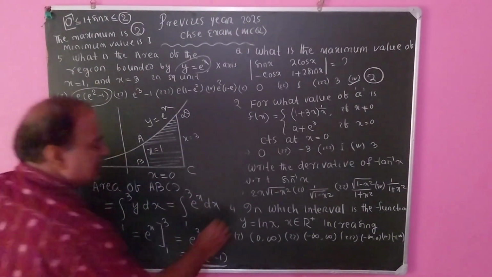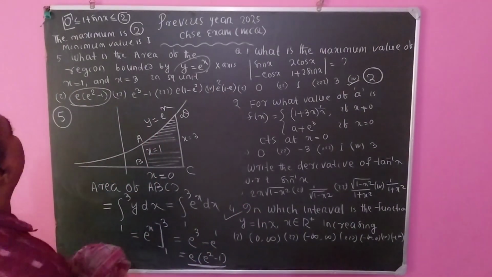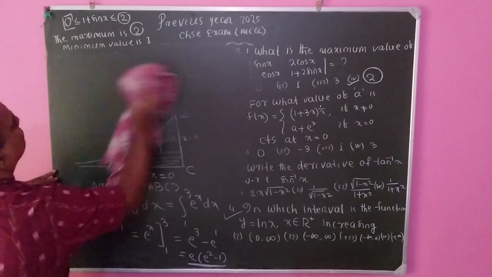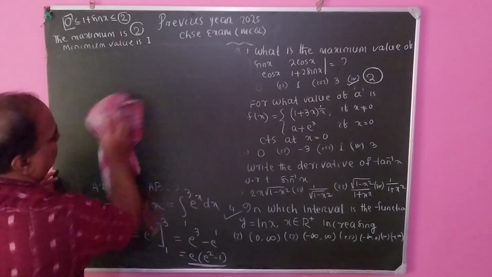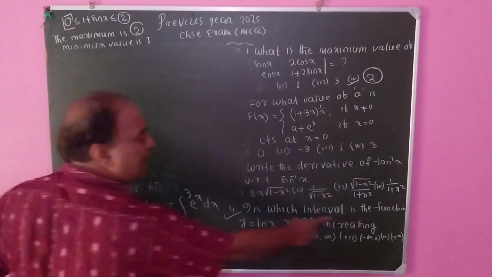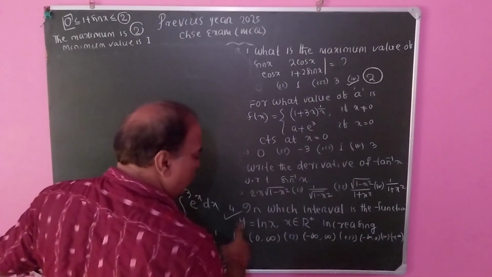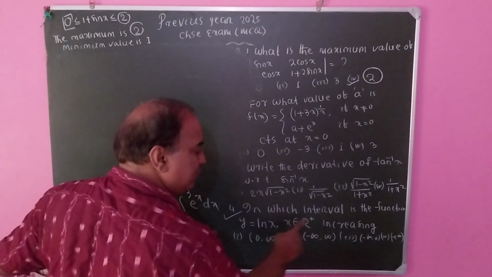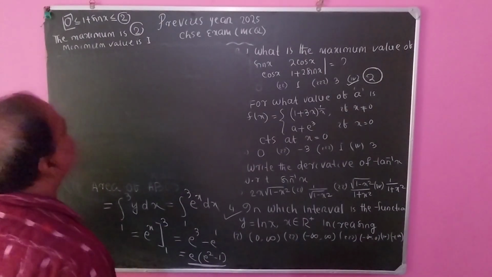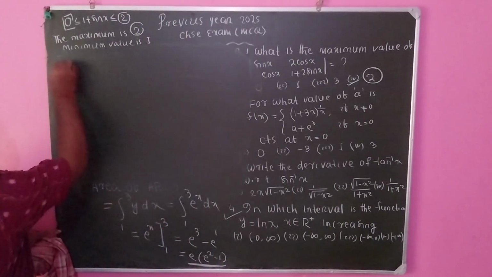Now let us take question number 4. In which interval is the function y is equal to ln x, x belongs to R plus, increasing? Write down question number 4.